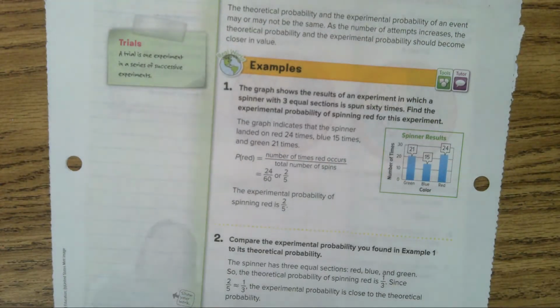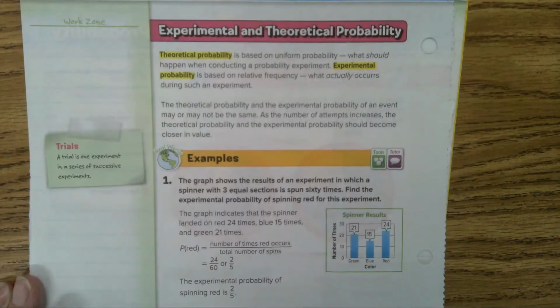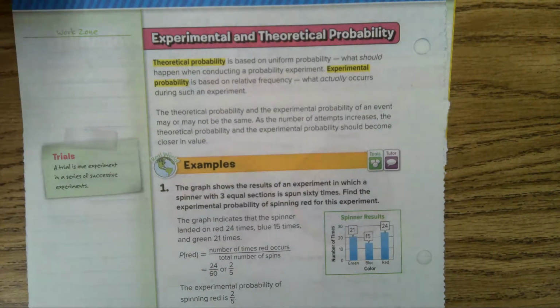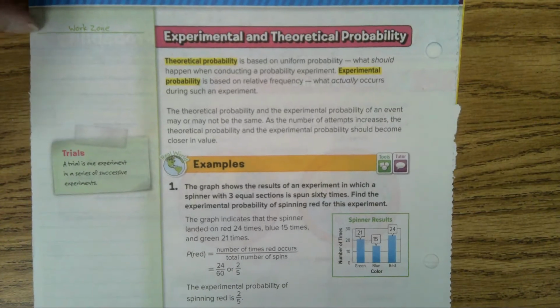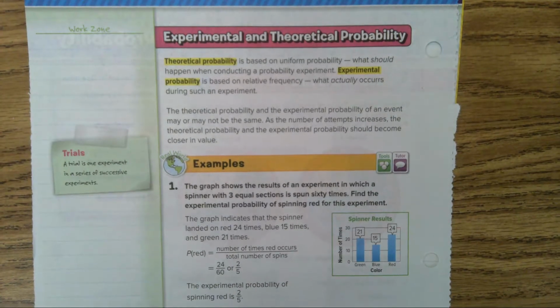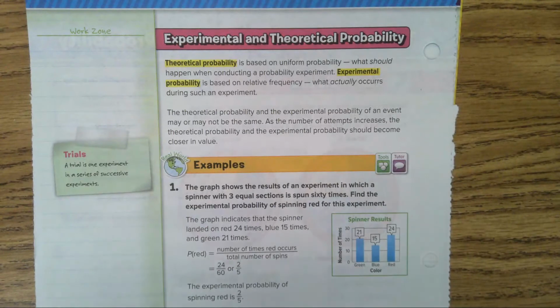Experimental and theoretical probability. Theoretical probability is based on uniform probability: what should happen when conducting a probability experiment. Experimental probability is based on relative frequency, what actually occurs. That's what I said at the beginning of the lesson. Theoretical is thinking, experimental is doing.